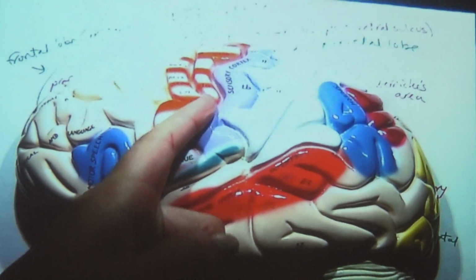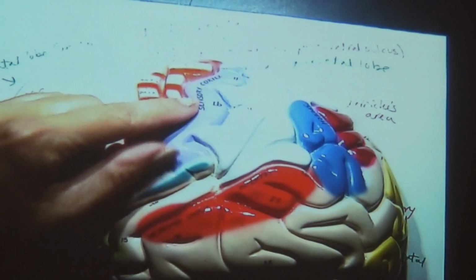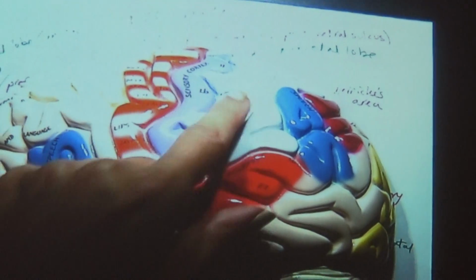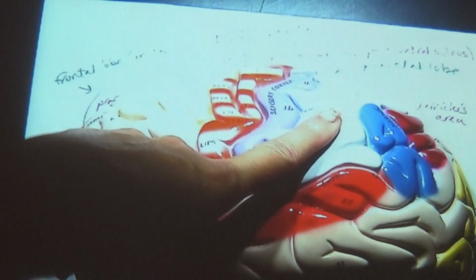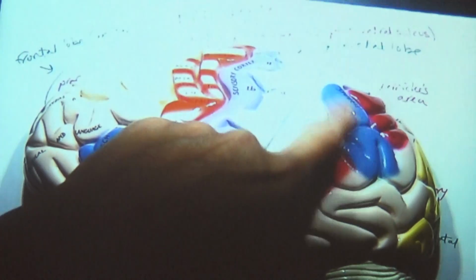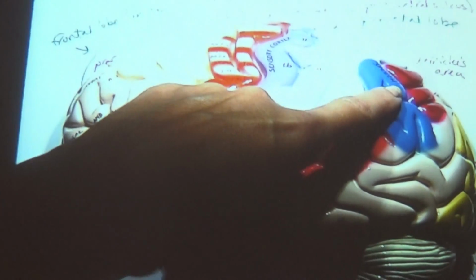Then we hit the central sulcus, and now we're in the parietal lobe. So here's primary sensory, and it says sensory cortex right here. This lighter lavender color is sensory association. There's Wernicke's right behind that. So that's where you interpret language.